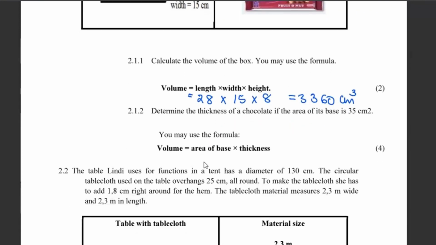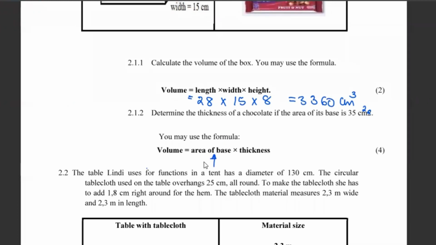Okay, we go to determine the thickness of the chocolate if the area of its base is 35 centimeters squared. It's supposed to be squared here. First and foremost, we already have the area of the base.